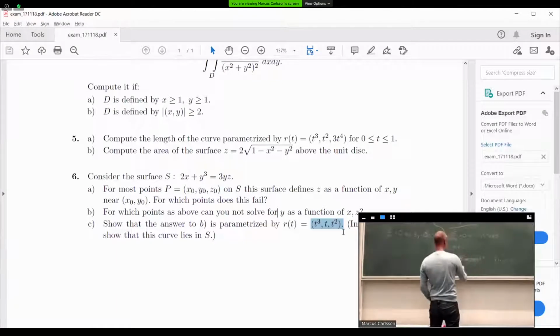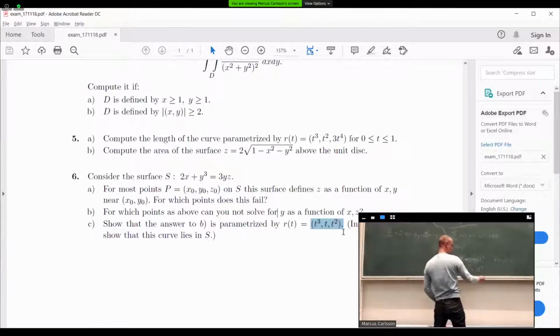So that equation would be 2x plus t^3, from y^3, equals 3t^3. Okay, and then I move this t^3 to the other side.